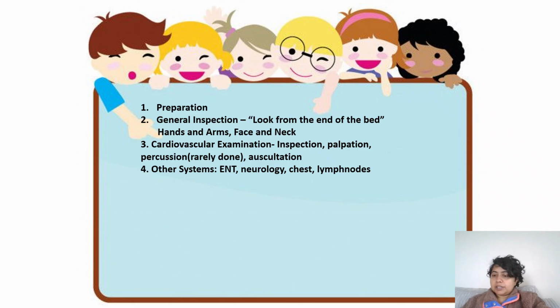Right, and other system examination: having a listen to the chest and the lungs to see if she is tachypneic or breathing hard. Is there any crackle or wheeze there? Crackles would be suggestive of pulmonary congestion, which was not the case with her.